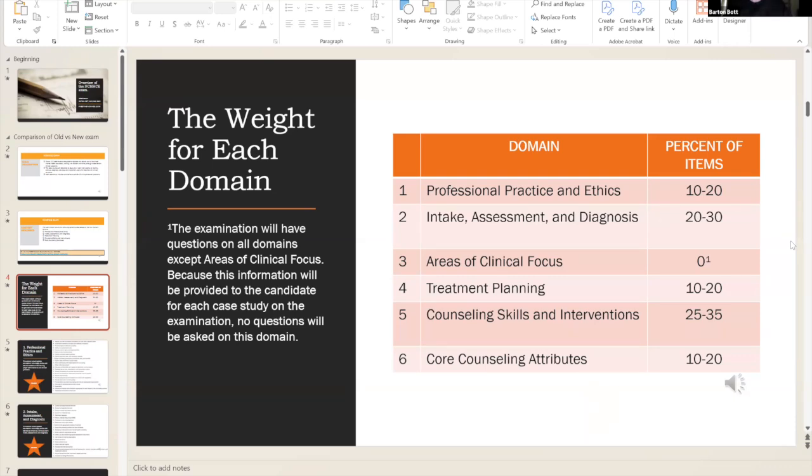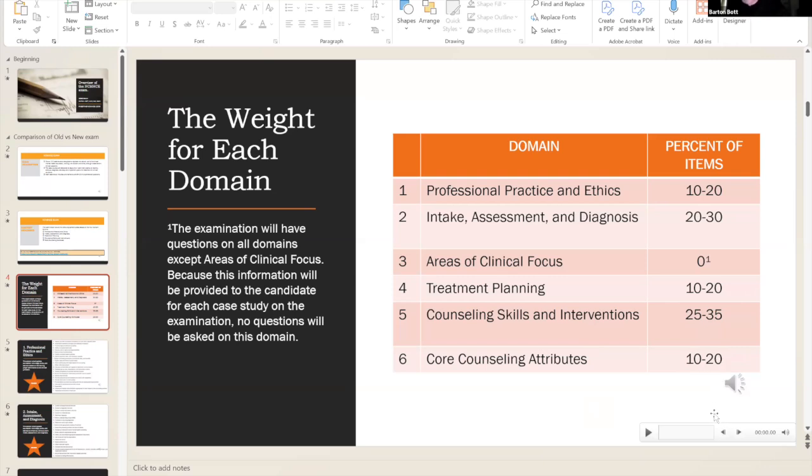Okay, so again, 10 to 20%, 20 to 30% for intake. That's a pretty good section. Treatment planning, 10 to 20. Counseling skills and interventions, 25 to 35. And then core counseling attributes, another 10 to 20.